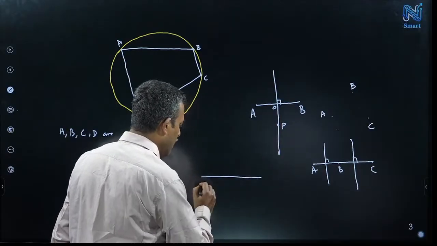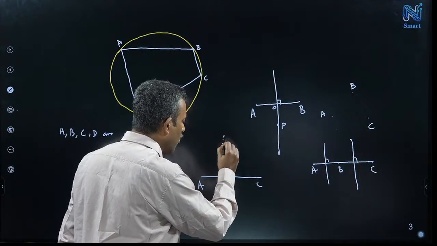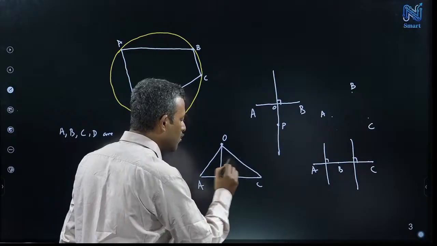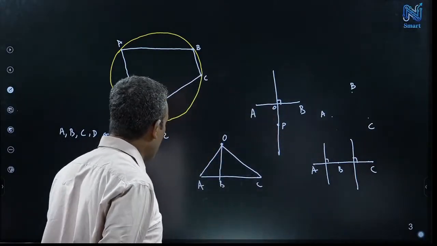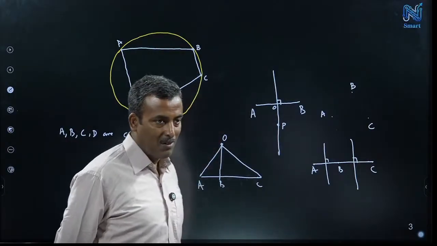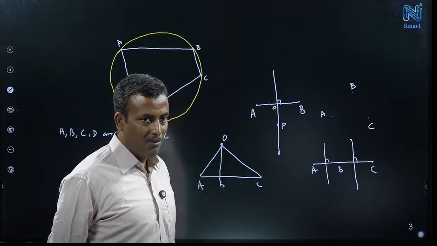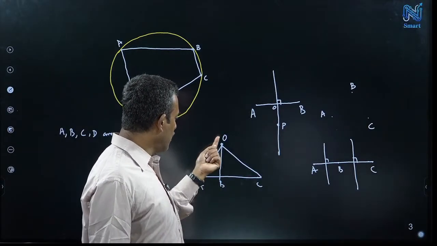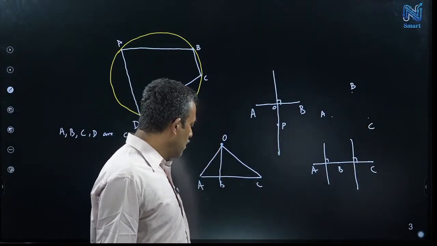Say you have a line and 3 points on it, A, B, C, and there is a point O. It can't be true that OA is equal to OB is equal to OC. Why can't it be true?